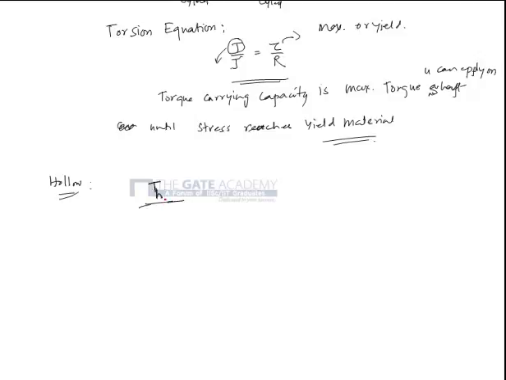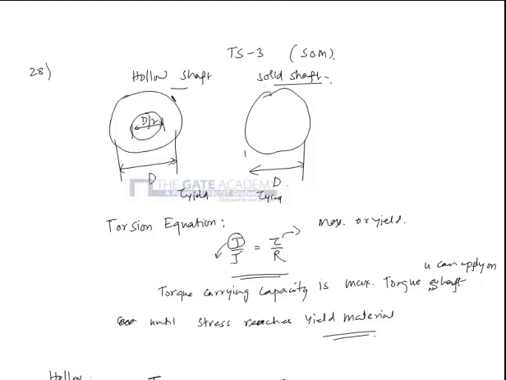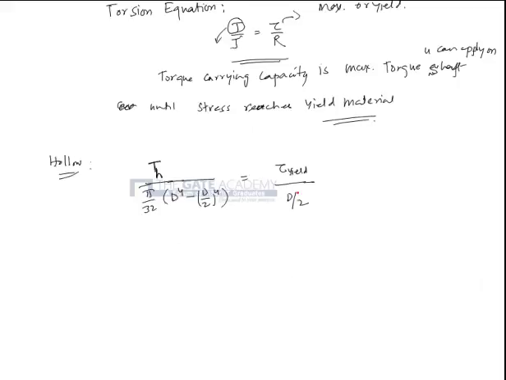J is the polar section modulus, which in this case is written as pi by 32 into d to the power 4, the outside diameter to the power 4, minus the inside diameter to the power 4. Tau has reached the yielding stress for the material, and R is the periphery, where the maximum shear stress appears in torsion, so that is d by 2.